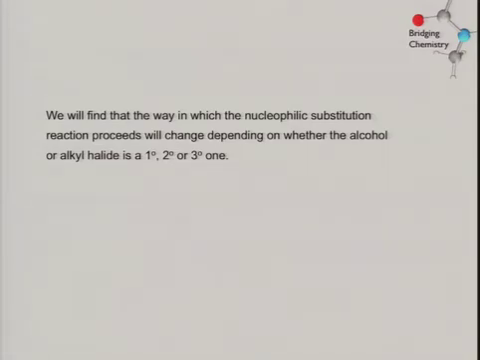If you're just memorizing reactions, then it would make no difference because the reactants and the products are the same. But how you get from the reactants to the products in terms of the way that the bonds break and the new bonds are made is different depending on whether you start with a primary or a secondary or a tertiary alcohol. And it's that sort of detail that we're going to get into later in the semester.